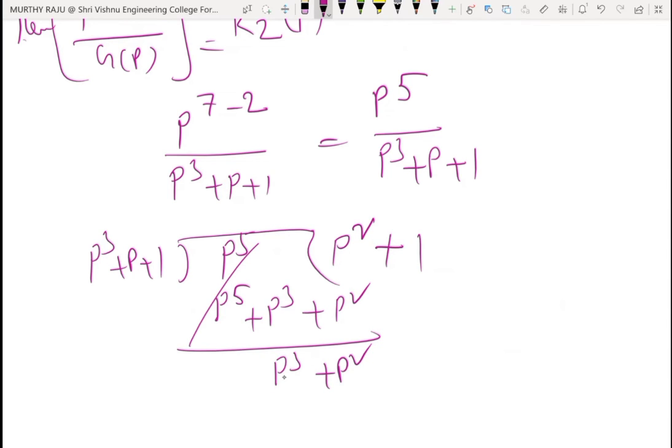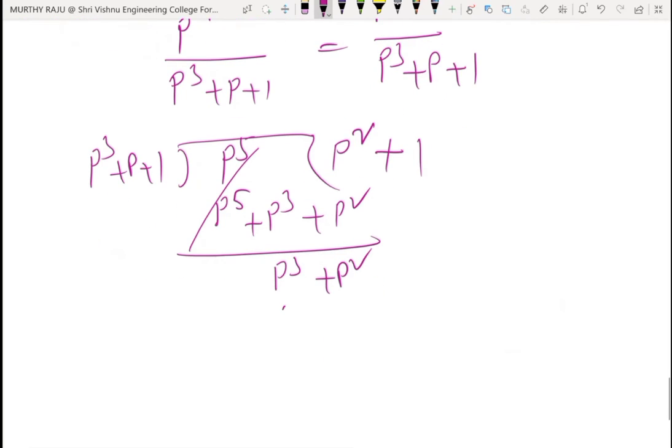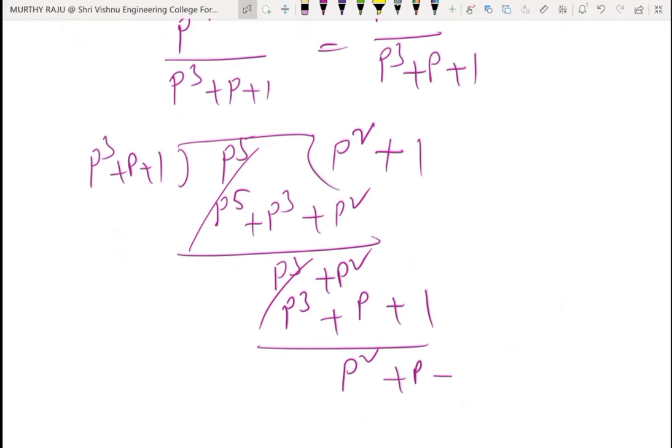Multiplied with 1, that is P cube plus P plus 1. P cube cancels, giving P square plus P plus 1. This is the final remainder. The degree is 2, while the divisor degree is 3, so there is no need to proceed further. This is R2 of P, the remainder.